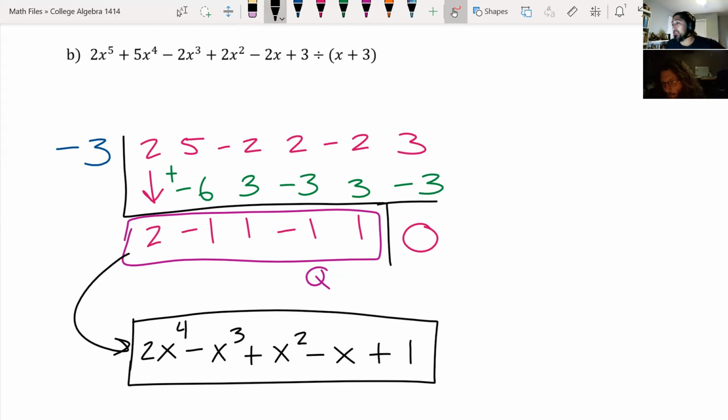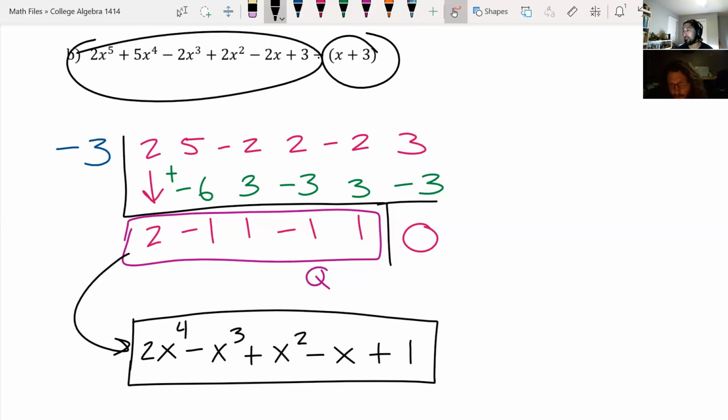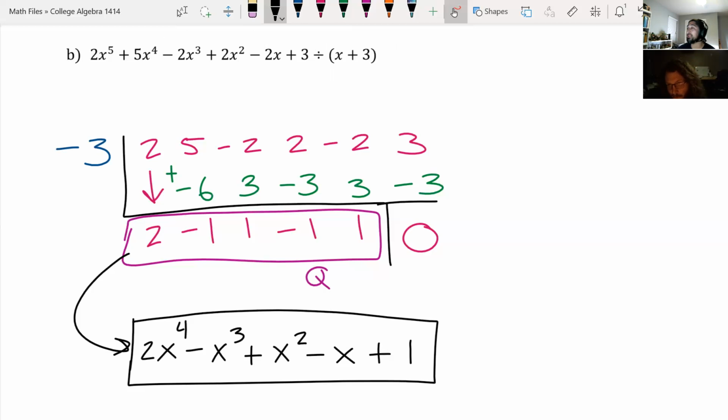Okay, something special about having a remainder of 0. If you ever come across a remainder of 0, this means that our linear divisor is a factor of the dividend. So if you ever get 0 as a remainder, this means that x plus 3 is a factor.